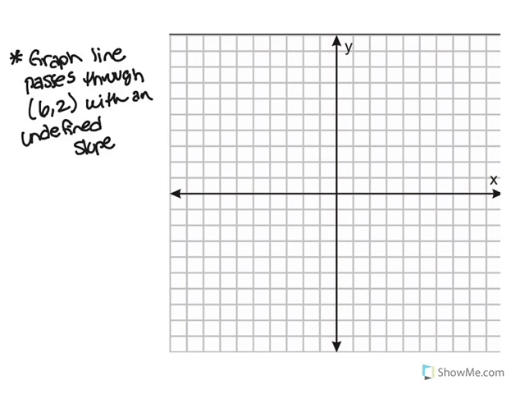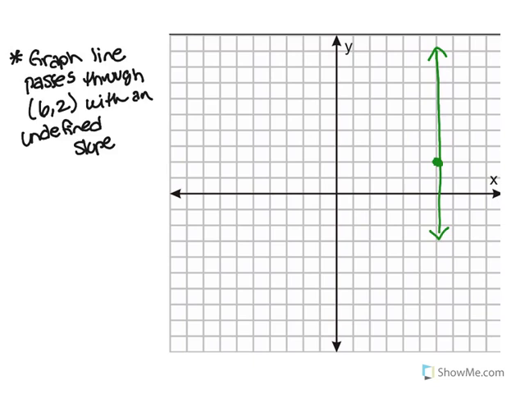So that just means that you would plot the point 6, 2: 1, 2, 3, 4, 5, 6, 2. Okay, I want to see the graph of the line that's going to hit that point. That point has to be on it. However, the slope is undefined. So you got to remember, undefined means x only. So that's just the snazzy way of me telling you to draw a vertical line, okay, without me giving you the equation. That's just a nice way for me to see if all the dots are connecting, okay?